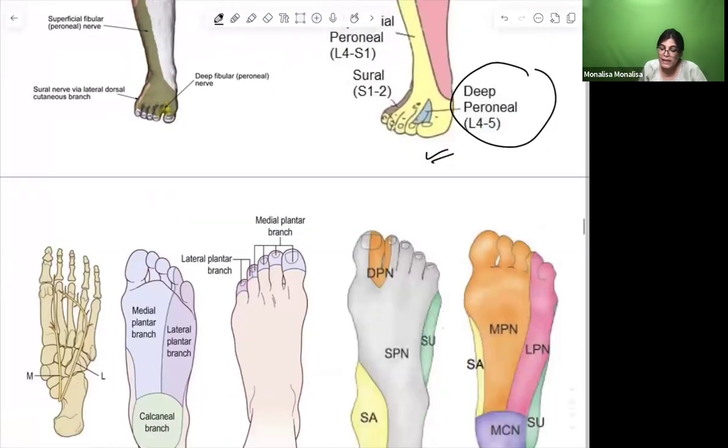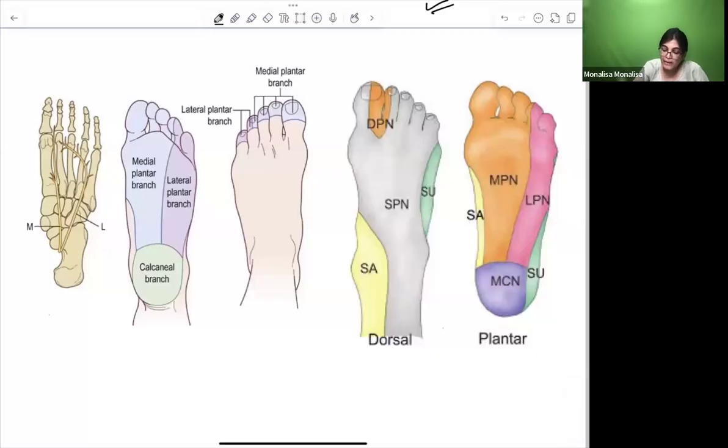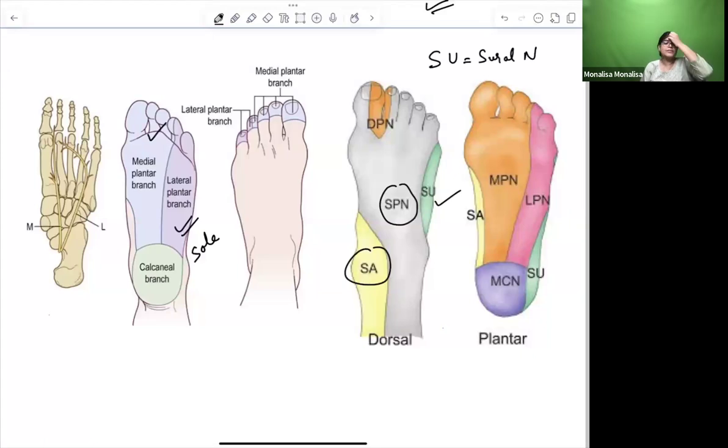The tibial nerve will go in the sole, dividing into the plantar nerves. And here we have SPN, superficial peroneal nerve. SU means sural nerve. SA means saphenous nerve. So I just want you to go through these images. Why? Because an image-based question can come and you have to identify the cutaneous distribution of the nerves of the lower limb.